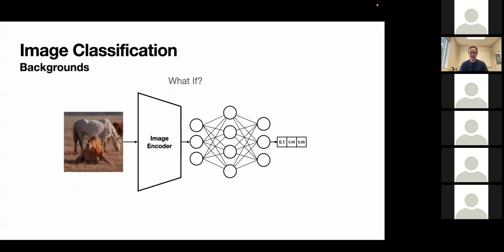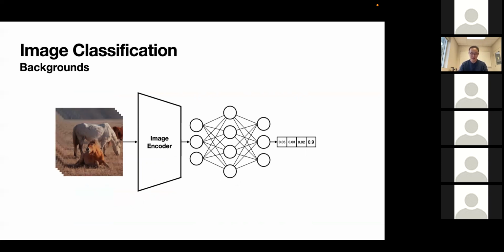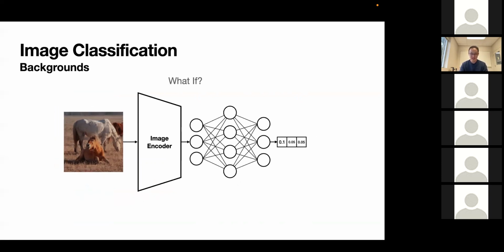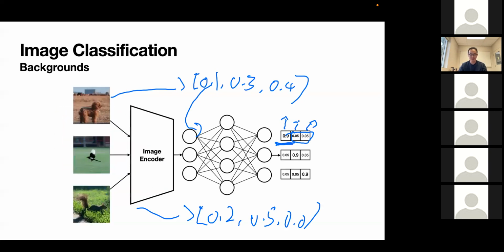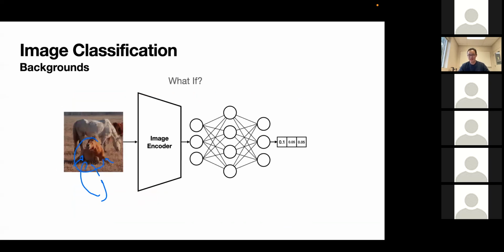The encoder will think, okay, this is a horse, this one is quite yellow, and this horse has four legs, and this image is quite similar to this dog. So it will finally output that the probability of dog is really high and the probability of bird and squirrel is low, but this is not what we want, because we want the model to predict this is a horse, not a dog.